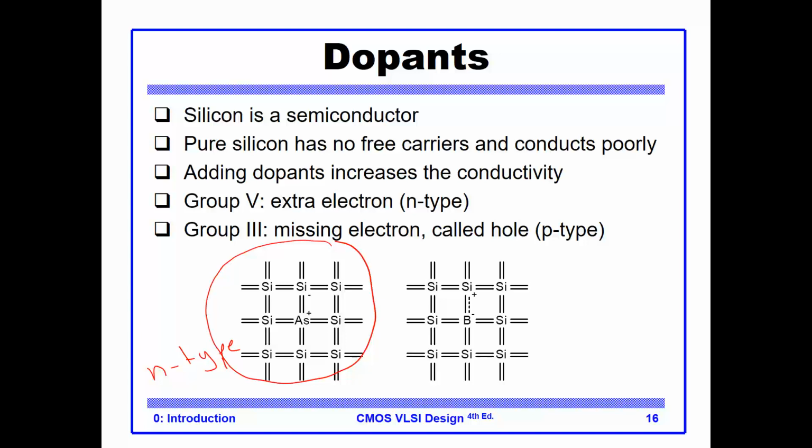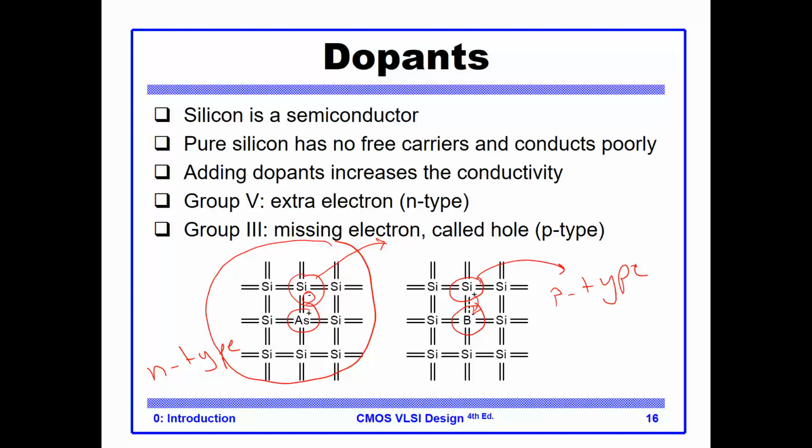If we add a dopant from group 3, we'll have an electron taken away from the silicon atom. So this silicon atom here is referred to as a hole, versus here, where the silicon atom has an excess electron. So this creates a p-type material.